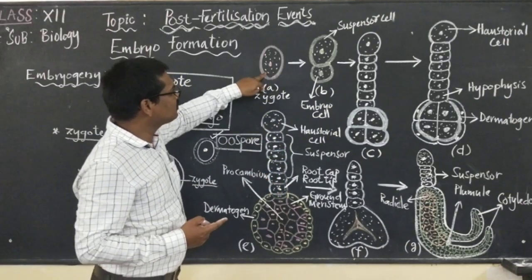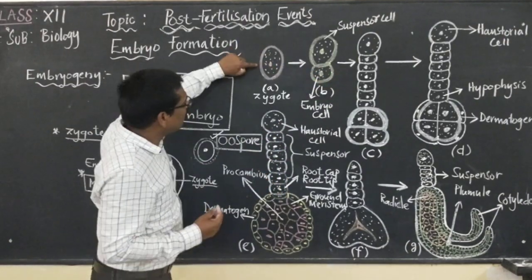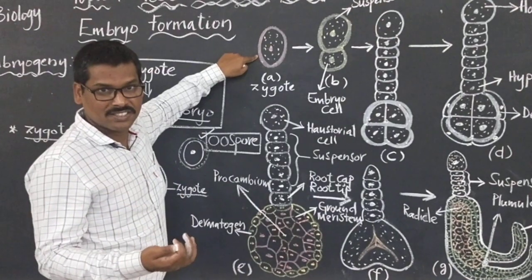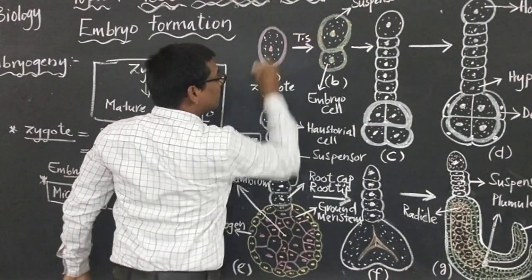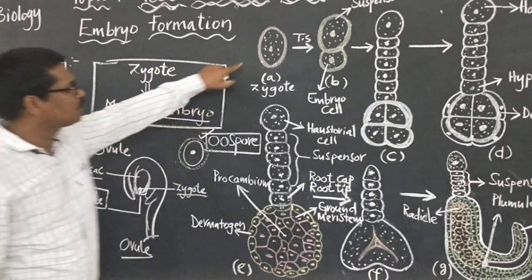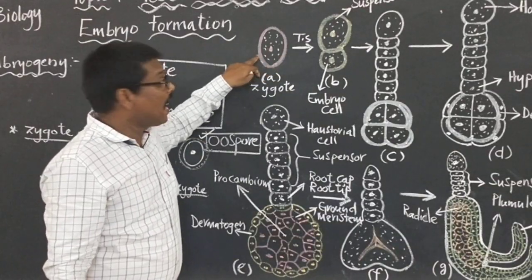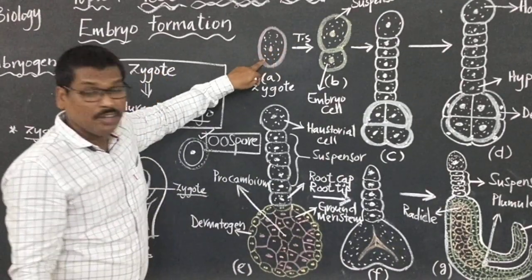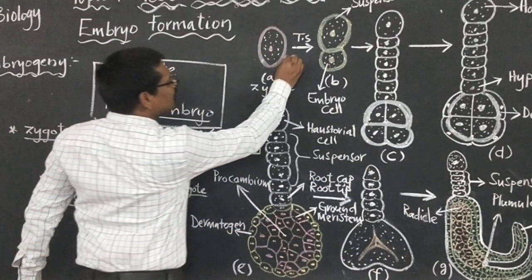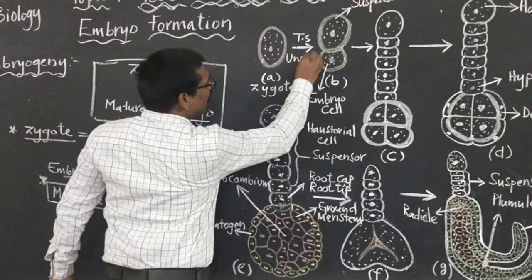Now we will follow this with the diagrams. This oospore divides transversely. Transverse division will be taking place, and the division seen here will be an unequal division. We have to remember that it is undergoing unequal division.